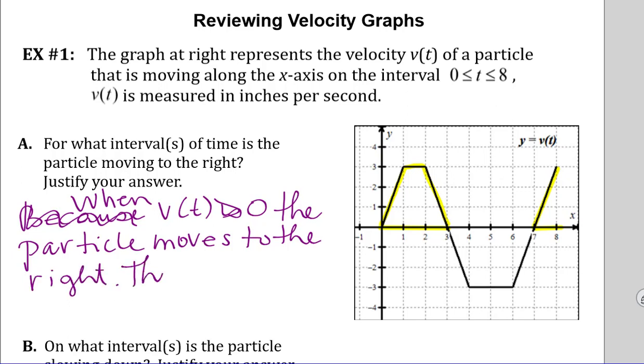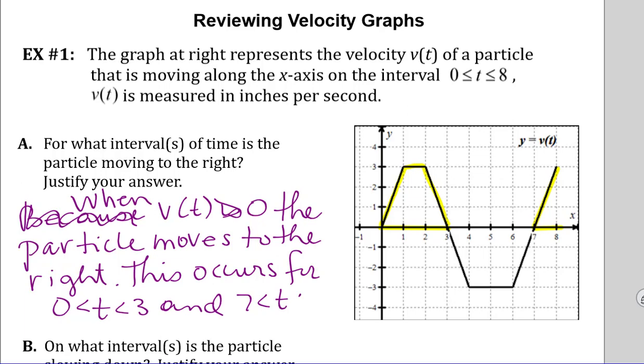Okay, this occurs for 0 less than t less than 3 and 7 less than t less than 8. All right, so that's when we have our object moving to the right.